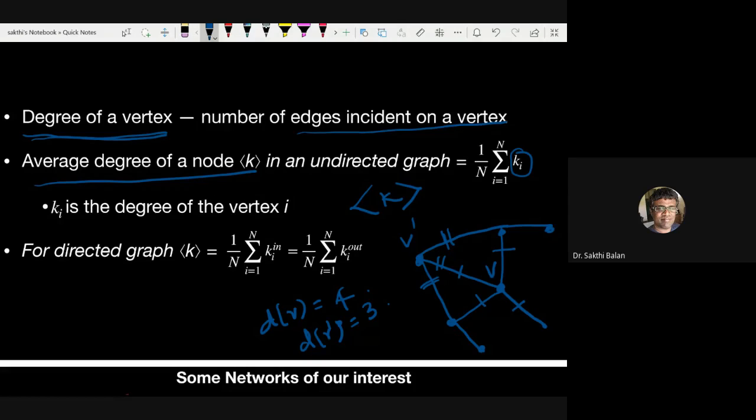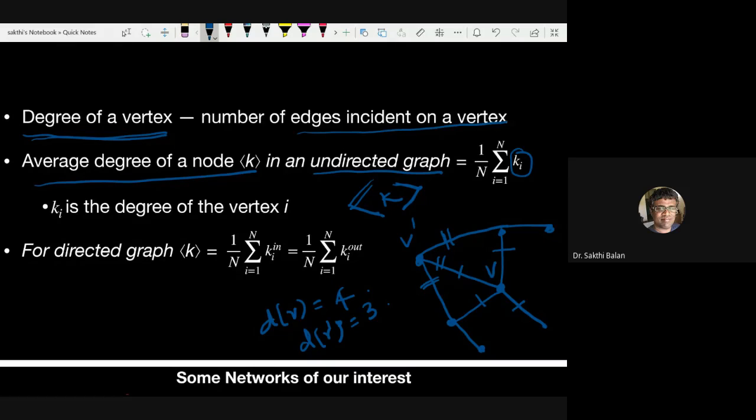That's the average. So you sum up all the degrees and divide by n, and that is the average degree. That is always denoted in our course by this. This is for the undirected graph.